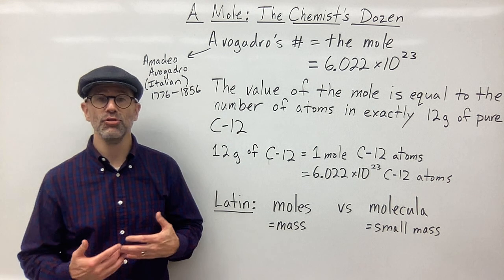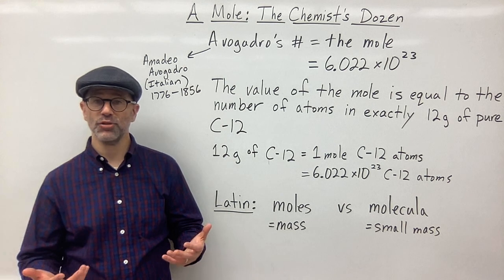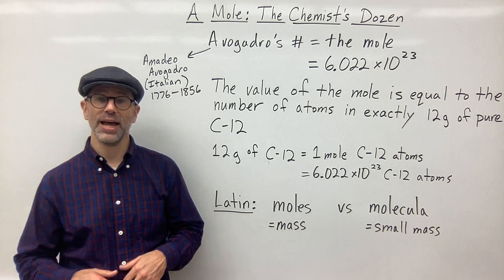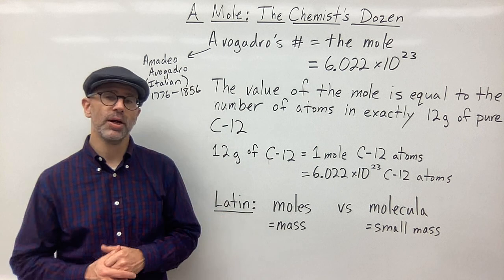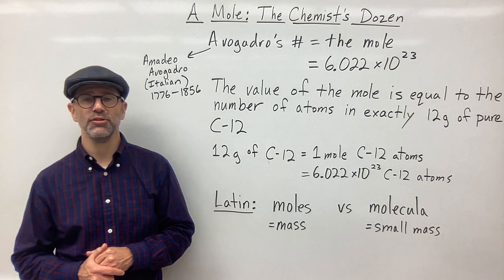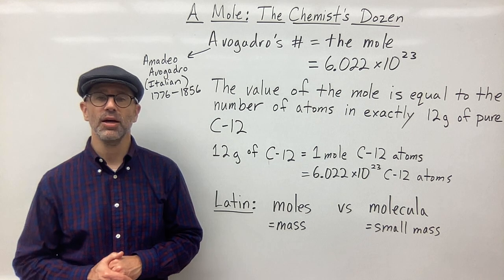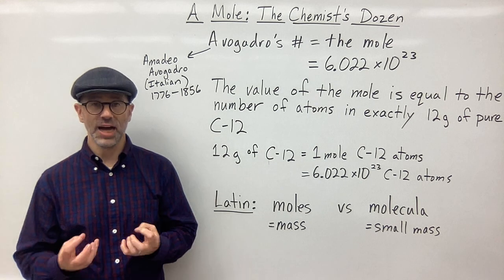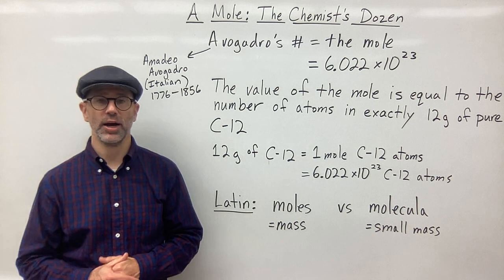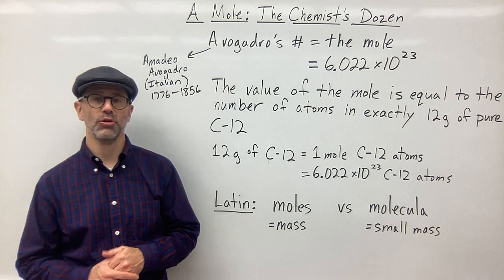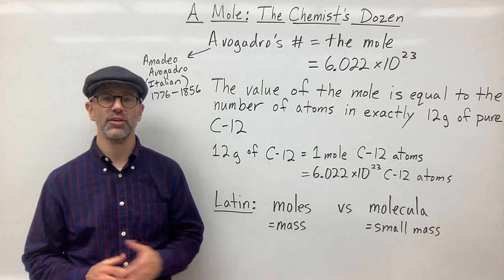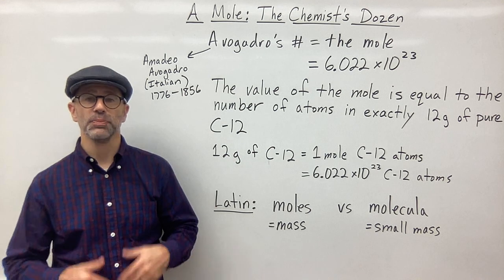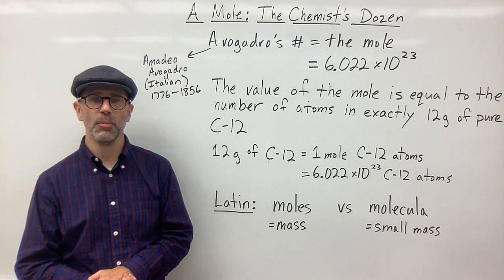So I can use the mole or Avogadro's number to refer to anything, any particle. But in chemistry, we often use this to refer to tiny subatomic particles or atomic particles or molecules, right? So a mole of molecules, a mole of atoms, things like that. Okay, so that is the mole.